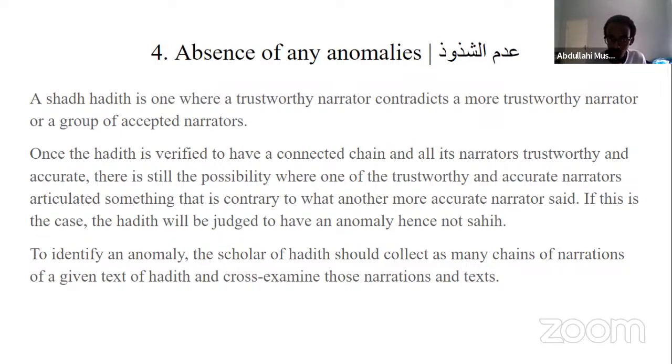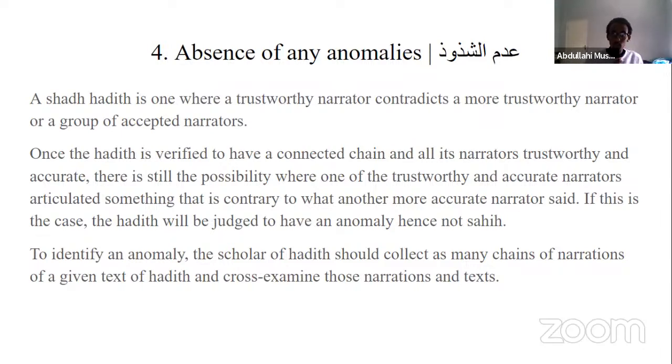And we have an indication of this mistake because this chain is differing with either a group of accepted narrators or with a more trustworthy narrator, a mutqin, a narrator who is very meticulous in his transmission of a hadith.